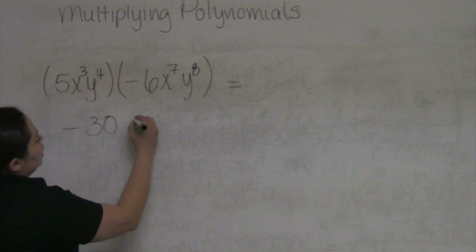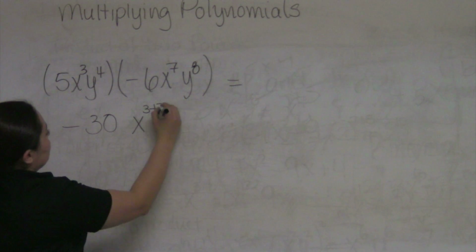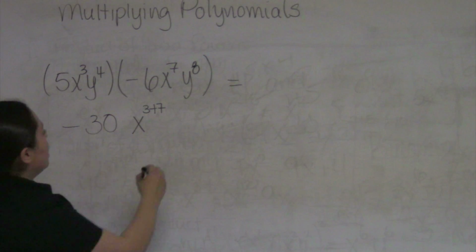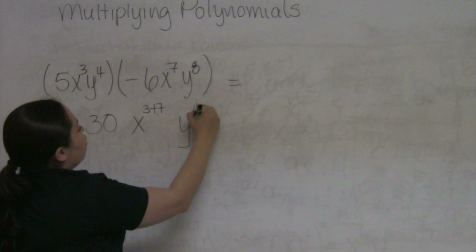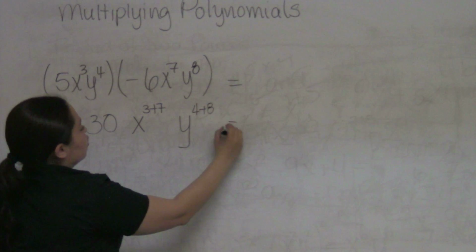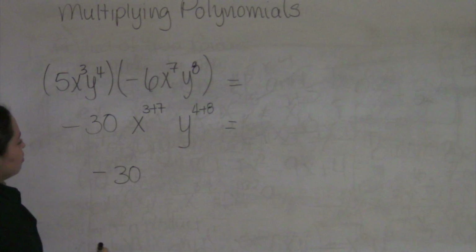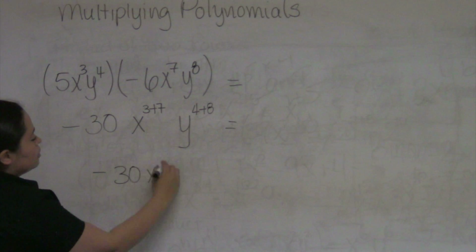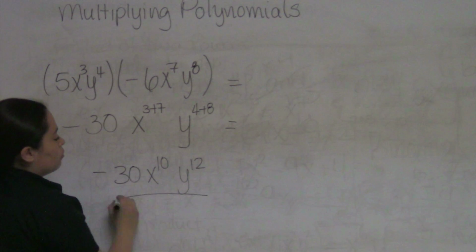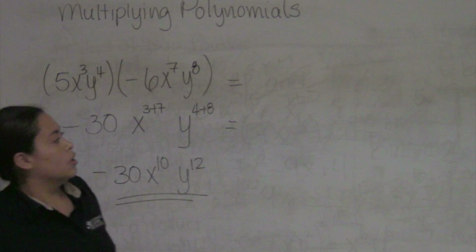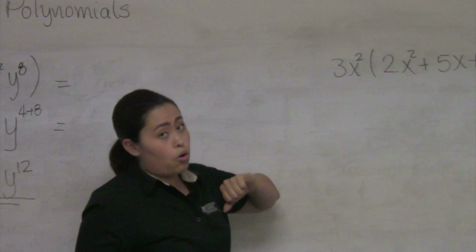So in this case, we keep the base and we add the exponents. Now we have also the same base with y, and we're going to have 4 plus 8. So my final answer on this example would be 3 plus 7, 10, 4 plus 8, 12. That's the answer.